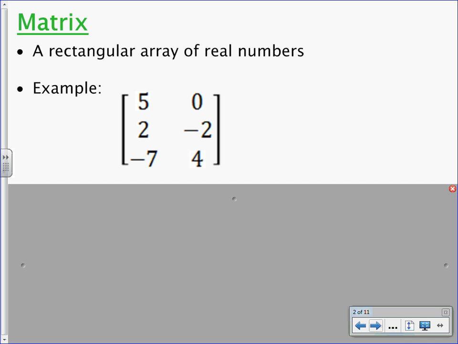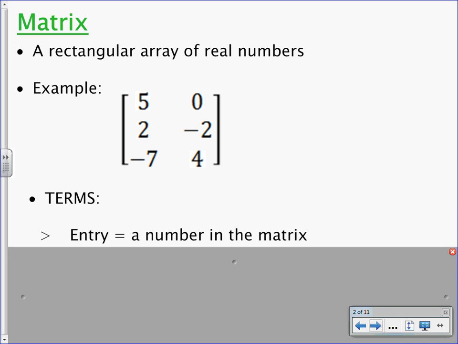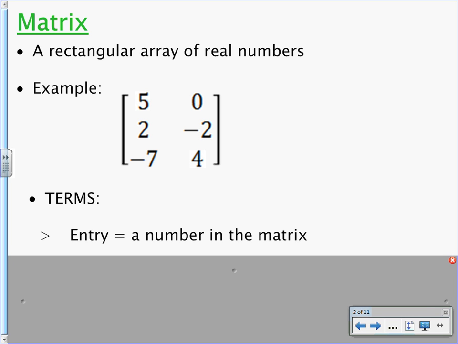Each number inside that matrix is called an entry. So 5 is an entry. I don't know how often we'll really use that term, but you know it. And then to describe matrices, we can have matrices of all sorts of different sizes.